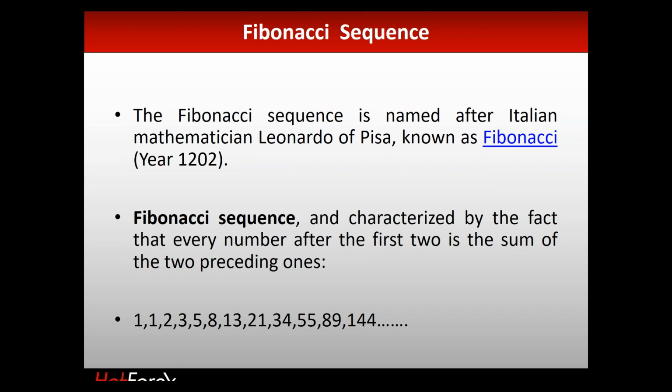Fibonacci numbers were developed by a mathematician, Leonardo of Pisa, also known as Fibonacci, in the year 1202, about 800 years ago. The sequence is characterized by the sum of the two preceding numbers. Apa maksudnya? Fibonacci punya number ni unik tau.